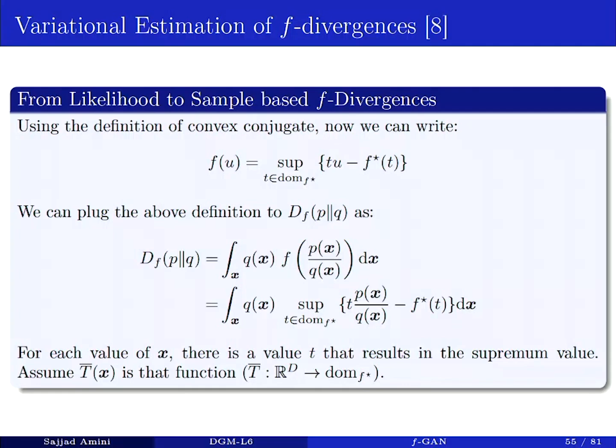We have just samples from both of them in the case of data and model distributions. T is responsible to cover all of the complexity in calculating this ratio and then finding the best corresponding T to maximize the supremum. Okay?